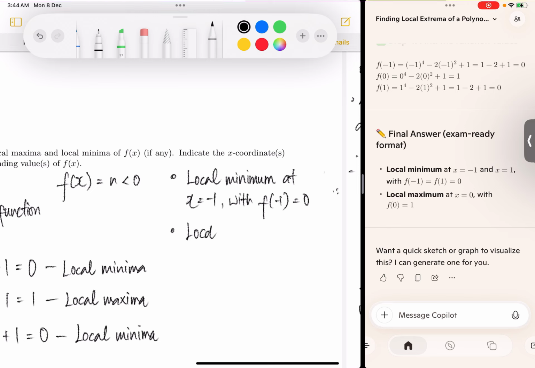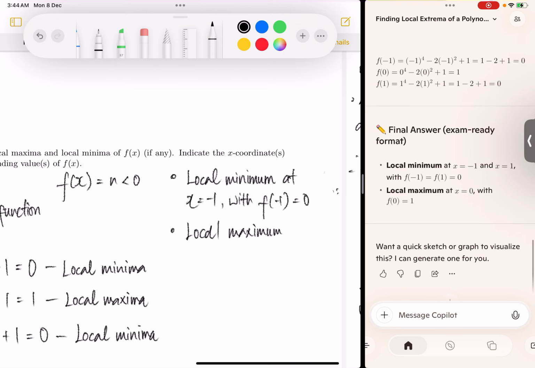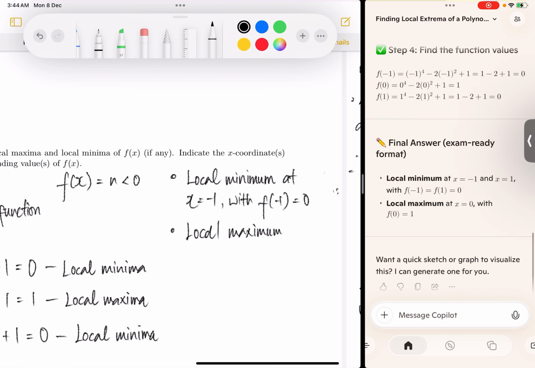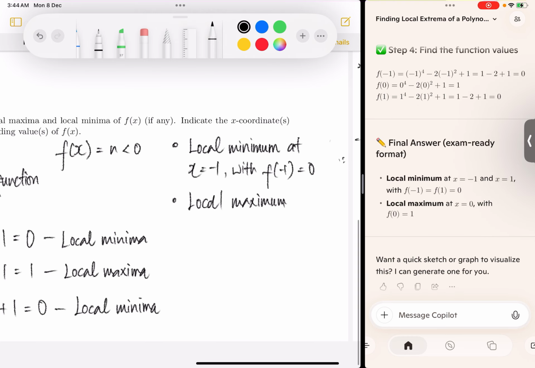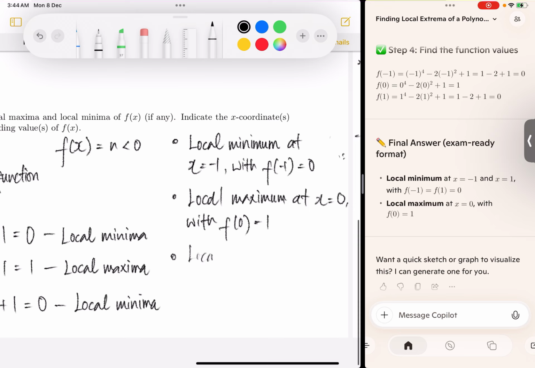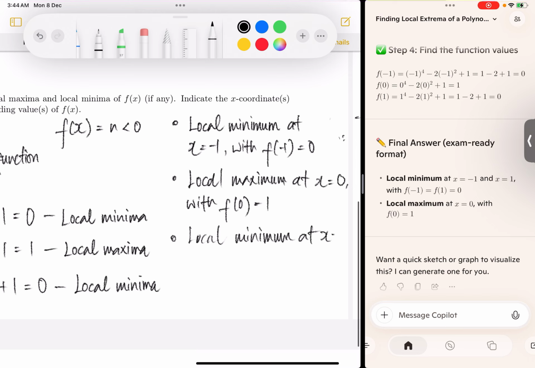Then we can do another one, local maximum. You can either combine it or separate it. You can combine it the way Copilot did, or you can separate it the way I did it. Local maximum is at x equals 0 with f(0) equals 1. And then again, local minimum at x equals 1 with f(1) equals 0.